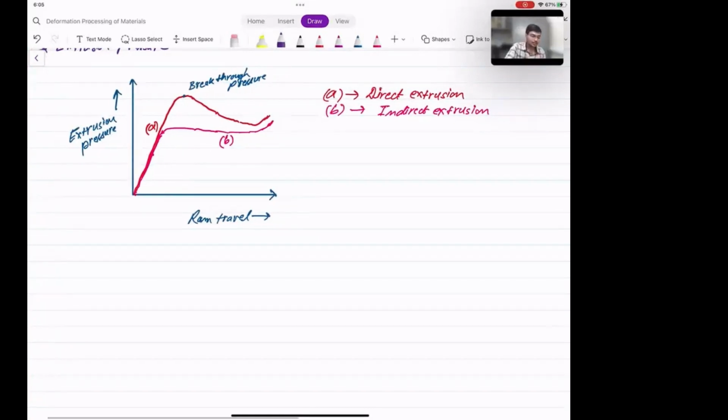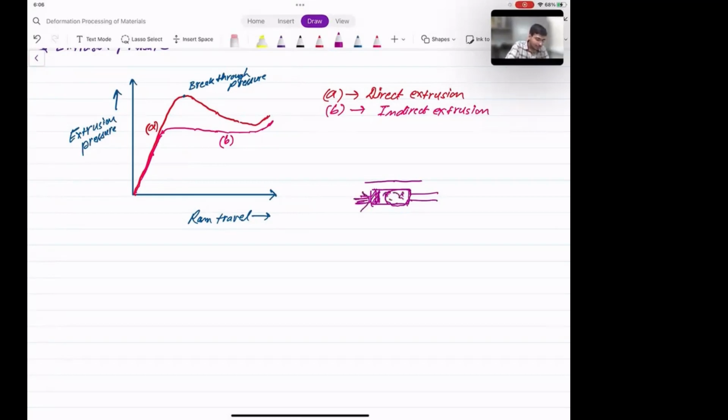And that's why we do not consider that particular section, and that portion of the billet is generally discarded. If we try to see that schematically, suppose this was the billet which was getting extruded, and it was flowing from the orifice. At the end, some portion will be left out, which will be of no use. It was being pressed by the ram, and here the load was being applied.